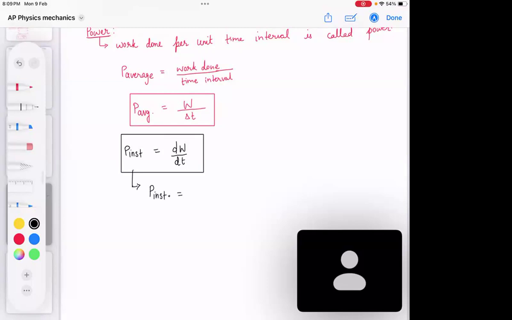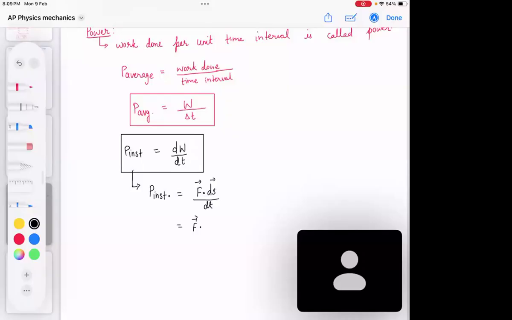A small amount of work done can be written as F dot ds, divided by dt. Here, F dot ds by dt: ds is the small displacement of the particle and dt is the small time interval.